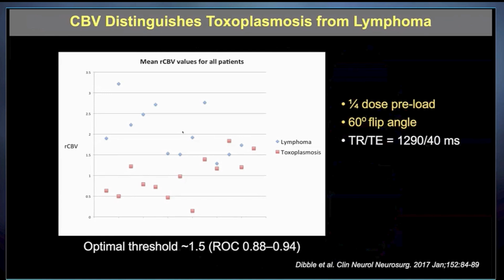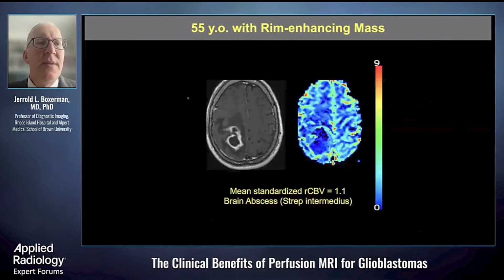We studied the cases in our case volume that were acquired with an older DSC protocol, and we found an optimal CBV threshold of approximately 1.5 for separating lymphoma from toxoplasmosis, for example. But clearly, the higher the CBV, the more confident one would be that the diagnosis is lymphoma and not an infectious or inflammatory etiology.